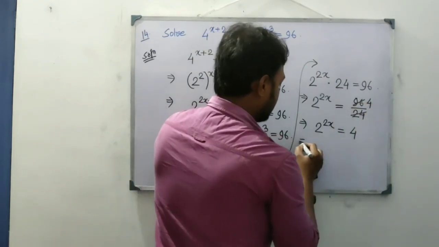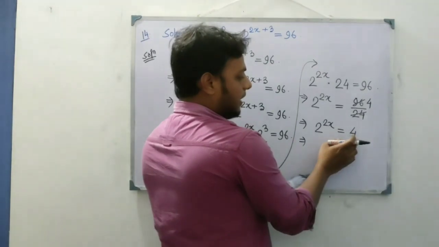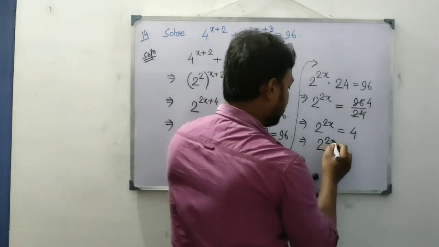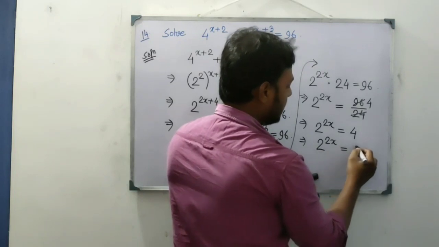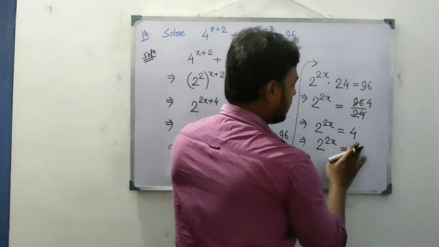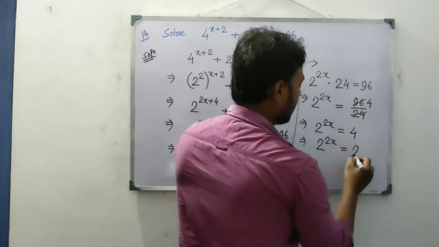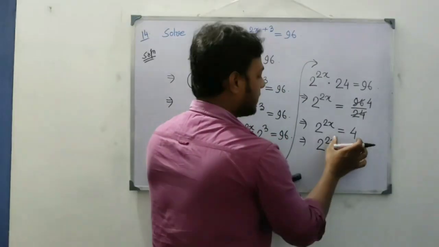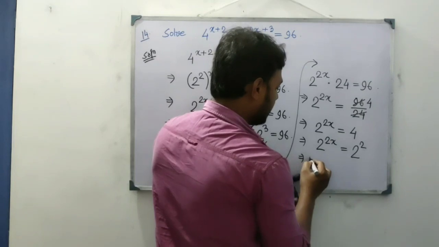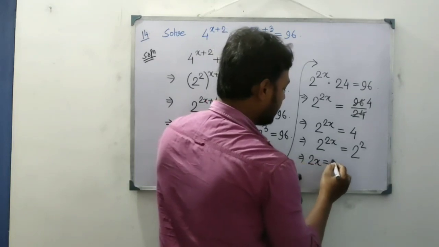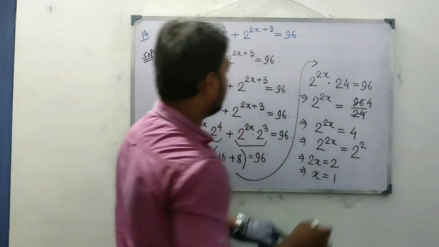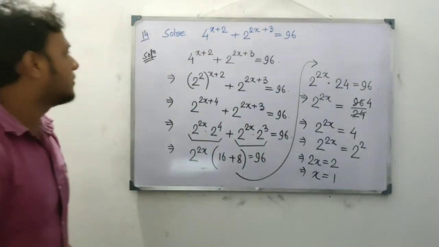Okay, so now we have to express the right-hand side in base 2, since the left-hand side is base 2, so 4 is 2 square. Now since in both sides the base is the same, the powers must be the same. So from this line we can write 2x equals 2, which implies that x equals 1. This completes the solution. Understood?